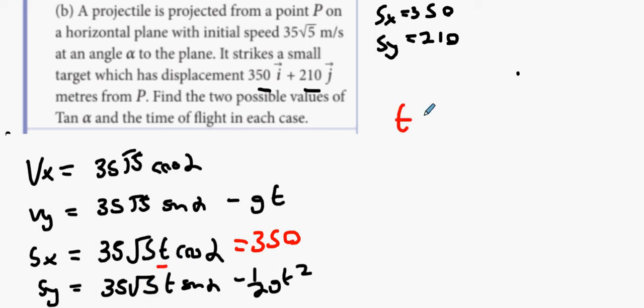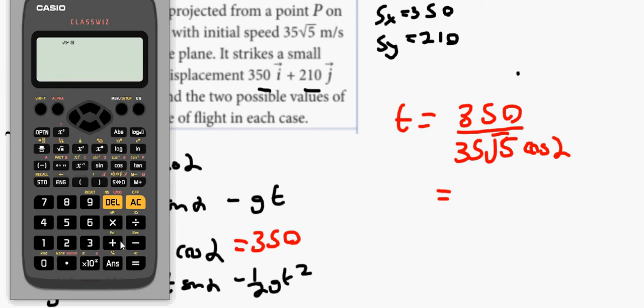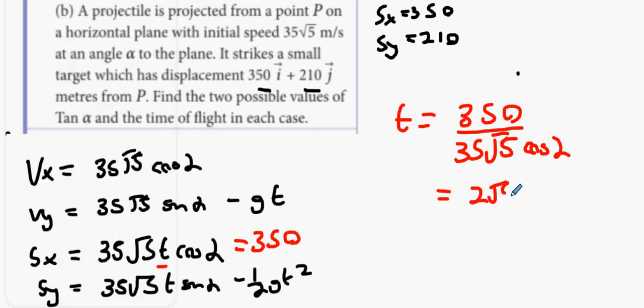So t equals 350 divided by 35 root 5 cos alpha. What does that break down to? 350 divided by 35 root 5, 10 over root 5, is it? 2 root 5. So 2 root 5 over cos A is your t value, or time of flight value.